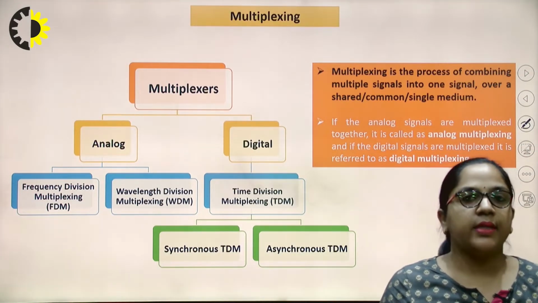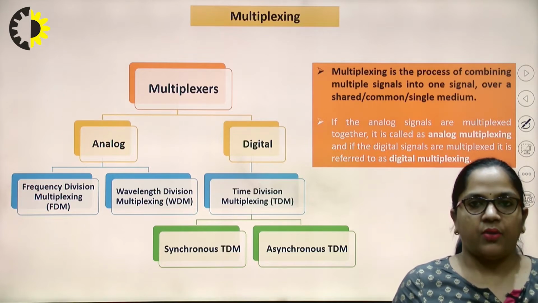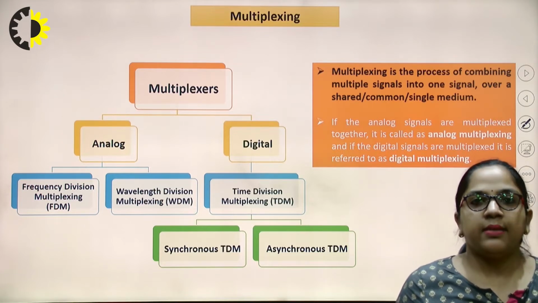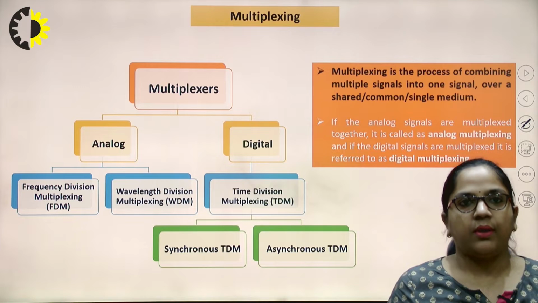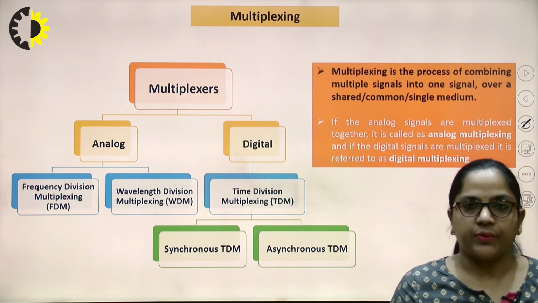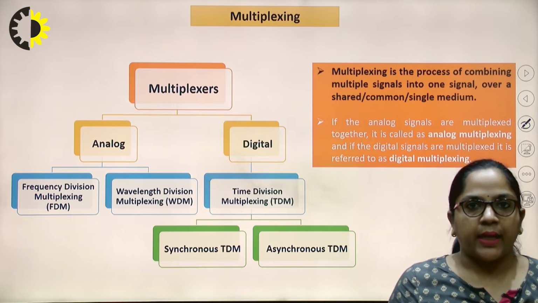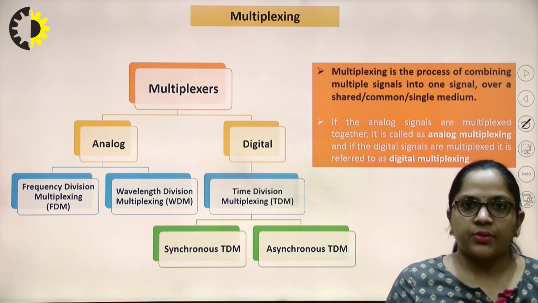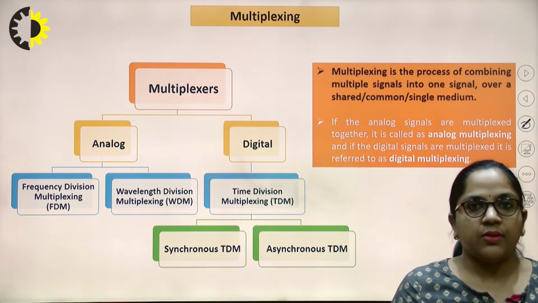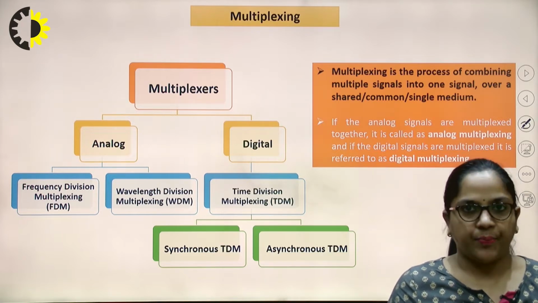What do we understand by the term multiplexing? Multiplexing is the process of combining multiple signals into one signal over a shared or common or a single medium. With the help of this technique, we can combine several signals together and transmit all of them simultaneously over a single channel.